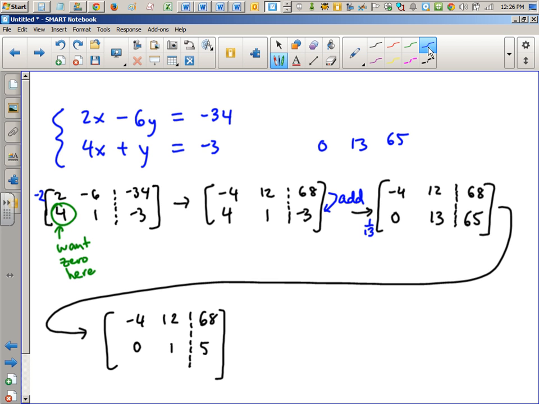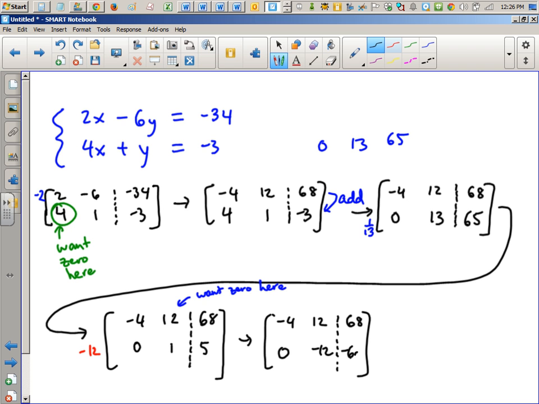Okay, my next goal is to get a 0 here. So I'm going to now multiply the bottom row by -12. By the way, your work and my work might differ at some point, and we might choose to do different things. But our goals are the same.